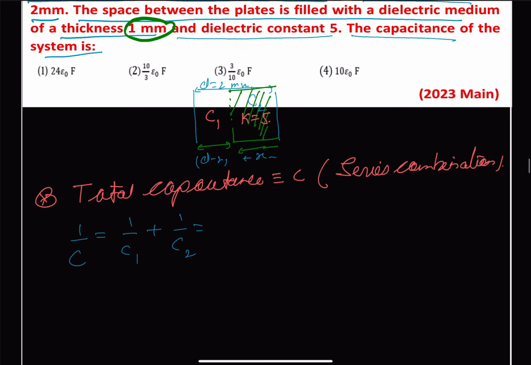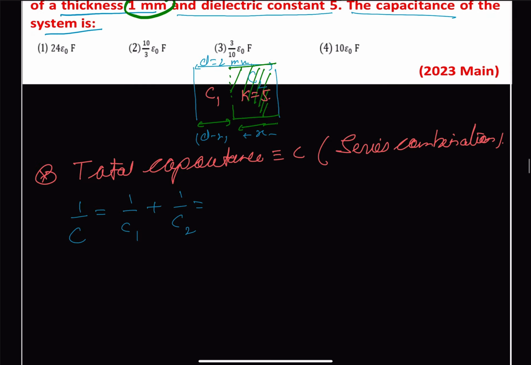So therefore our 1 upon C will be equal to d minus x divided by epsilon a plus x divided by k epsilon times a.